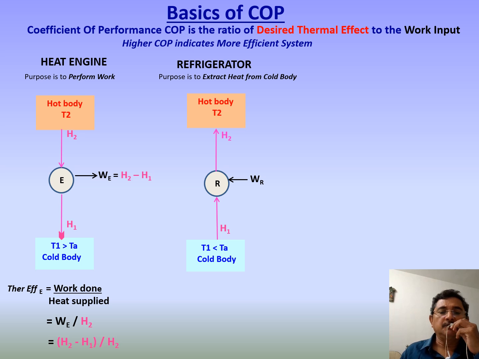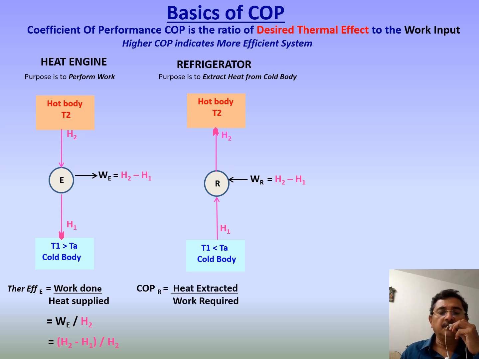As we give work input to the refrigerator, it extracts the heat from the cold body, that is the refrigerator, and further cools it and transfers the heat to the surrounding, that is the ambient temperature outside. The work input that is required for refrigerator is also the difference between the two enthalpies, that is the enthalpy of hot body H2 minus the enthalpy of the cold body H1.